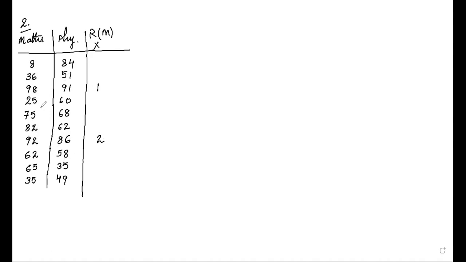After 92, the next highest is 82, so corresponding to 82, it will be 3. Then after 82, it will be 75, so corresponding to 75, it is 4. And then it is 65, which gets 5.